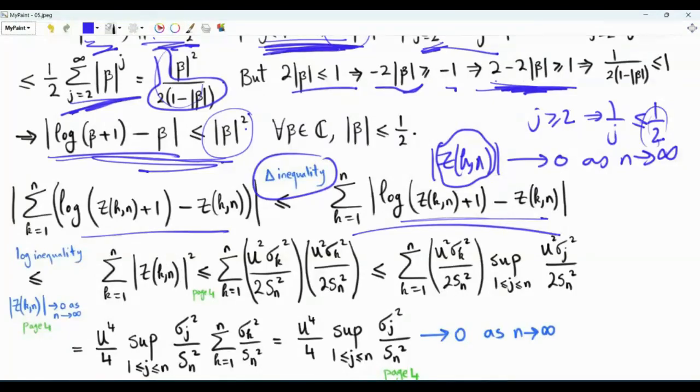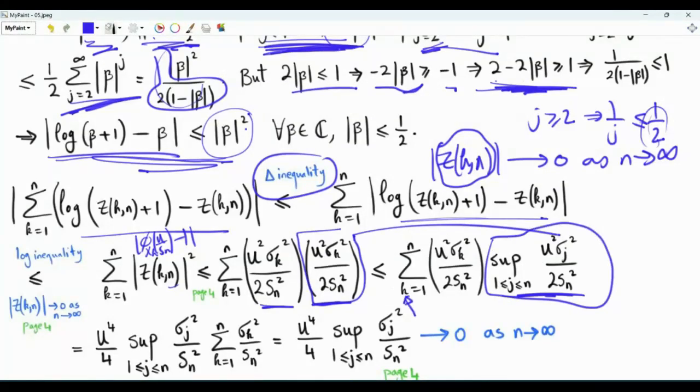From the previous page, the magnitude of z of k comma n, which is the magnitude of phi xk of u over Sn minus 1, this magnitude is upper bounded by u squared sigma k squared over 2 times Sn squared. Rather than writing this as a square, I wrote it as the product of 2 identical terms, and then one term is upper bounded by the supremum, the maximum of those quantities. Now this becomes independent of the index of summation, so I can take it outside the sum.